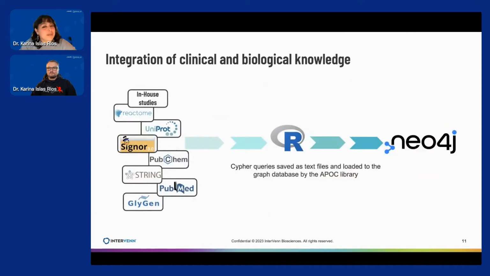There are a lot of libraries for Python and Neo4j, but a lot of the study that we do inside Intervene from the clinical data science team is done in R. So for me, R is my everyday tool nowadays, and it's been very easy to get all the data that we produce in house, also considering all the data that comes from different databases, do data cleaning, some data formatting, and write the queries in R to produce TXT files, and then upload them into Neo4j.